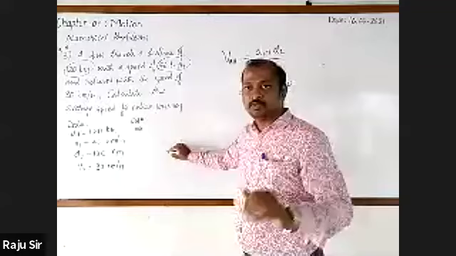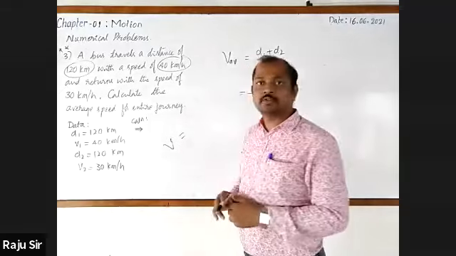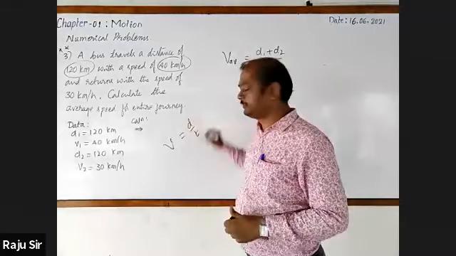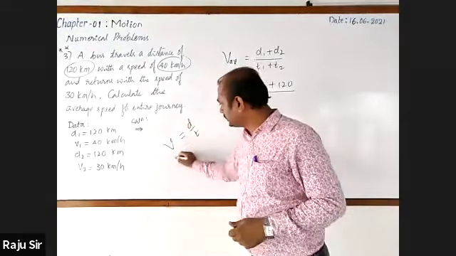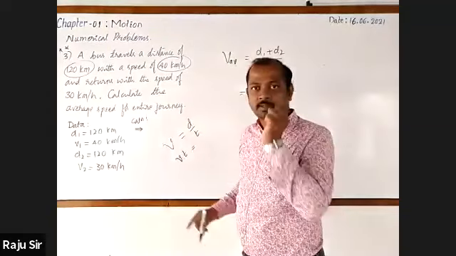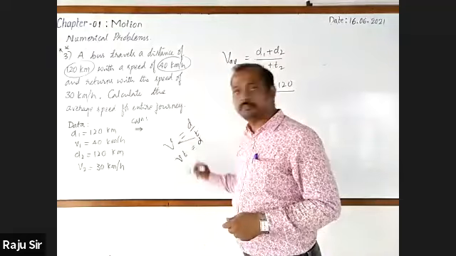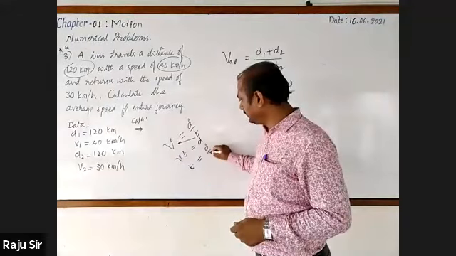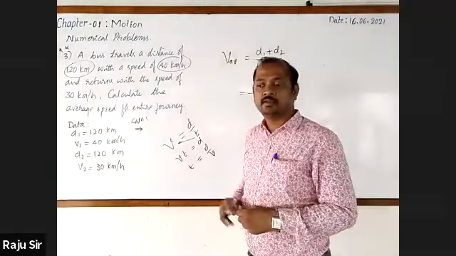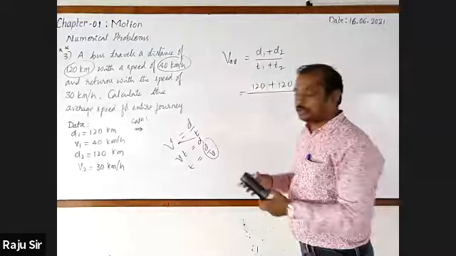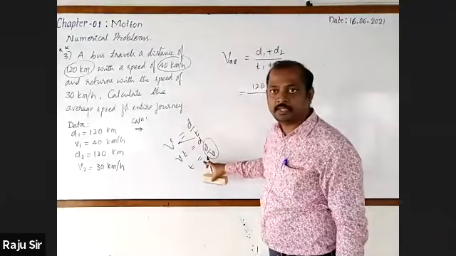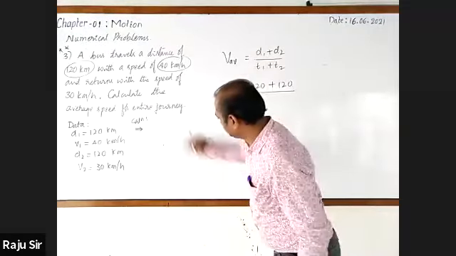Just observe. We have a formula to find out speed. V is equal to d by t. If we make time the subject, on cross multiplying, Vt is equal to d. If you want time, t is equal to d by v. Got it? Here we want time. Hence, I go for using this formula. T is equal to d by v.